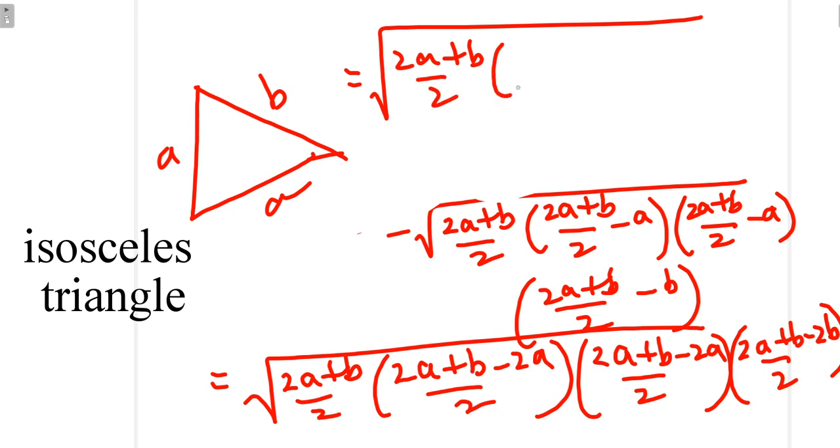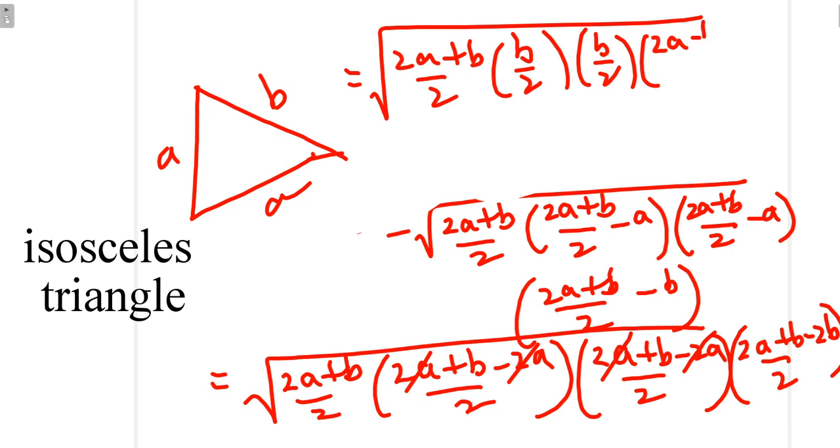And in the bracket terms after simplification, 2A minus 2A gets cancelled. Here also 2A minus 2A gets cancelled. So we'll be left with B by 2 into B by 2. So B by 2 into B by 2. And the last bracket term is 2A minus B by 2, 2A minus B by 2.